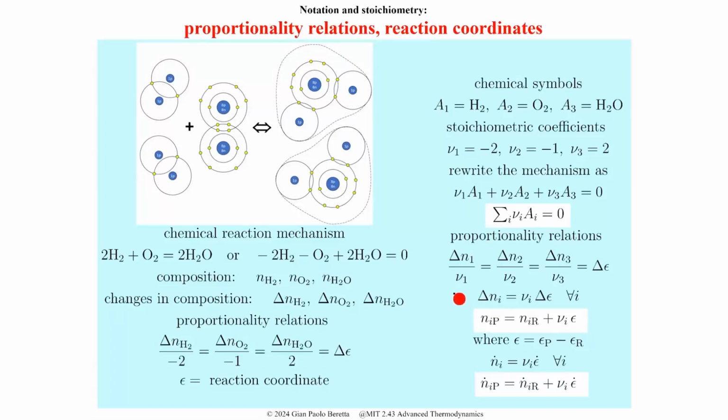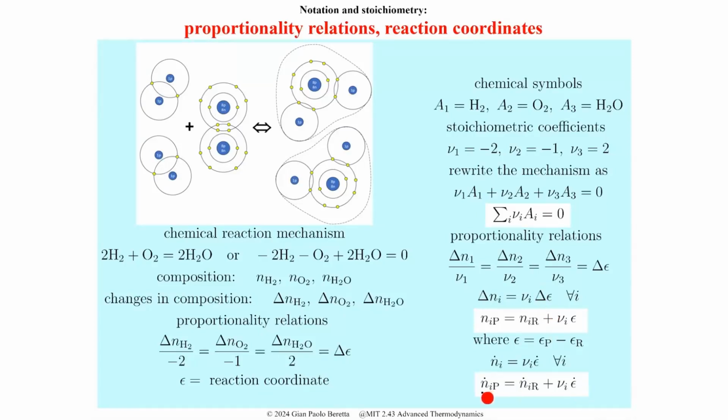If we have instead a steady state flow continuous reaction, then we talk about the rate of change of the composition. So we divide this by dt, so delta n by delta t is the stoichiometric coefficient times delta epsilon over delta t, let's call it epsilon dot.